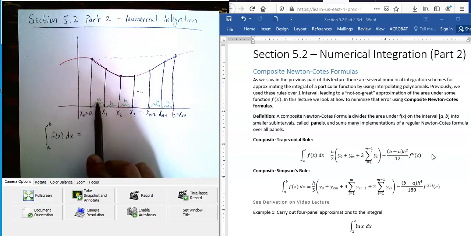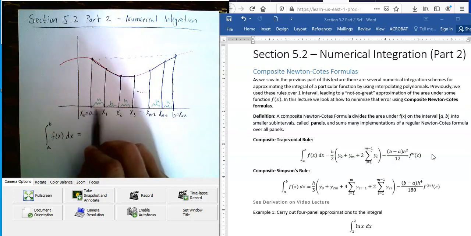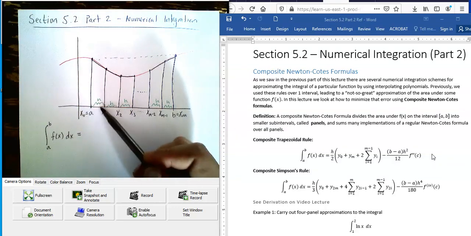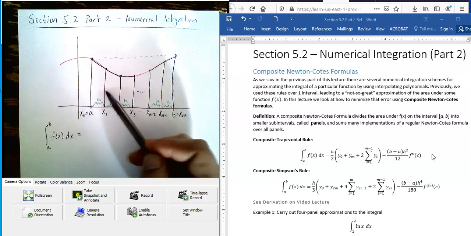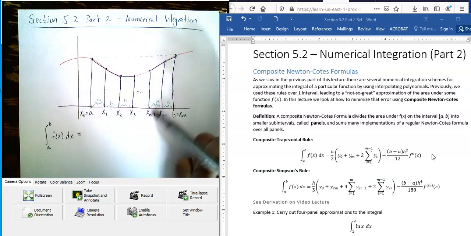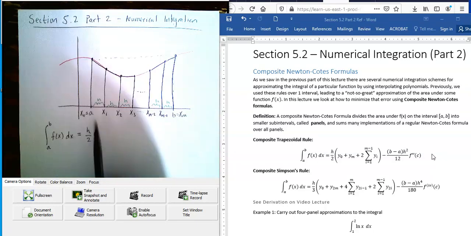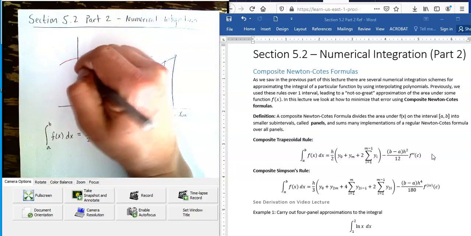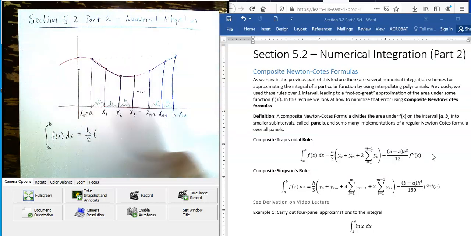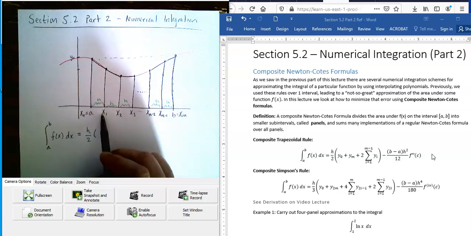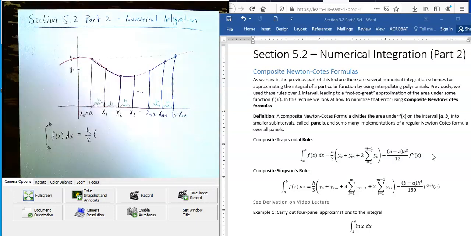The first area here will be, to calculate the area of a trapezoid, we do the width times the average of the two lengths here, the two parallel sides. So that would be h over 2 times, now what are these values here? Well, that's just y0 and y1, right? y0 and y1. Okay.